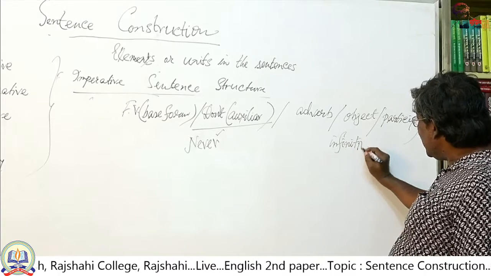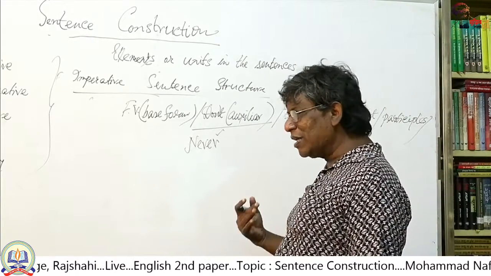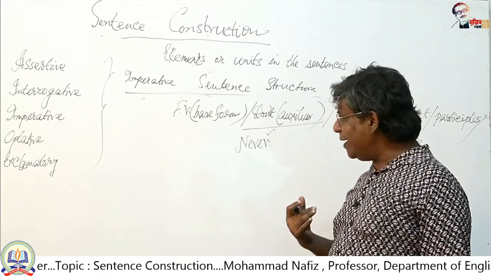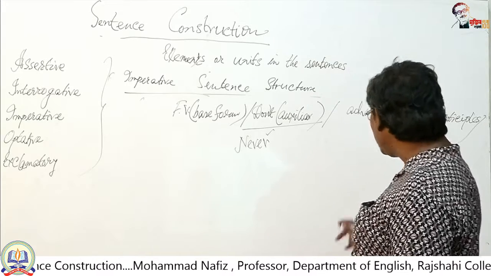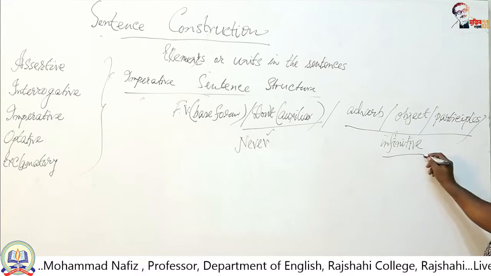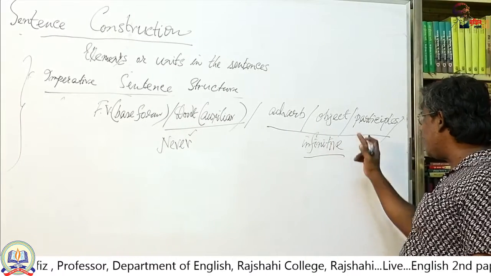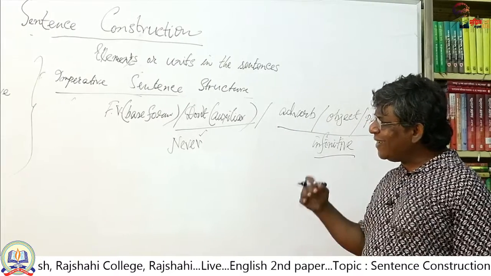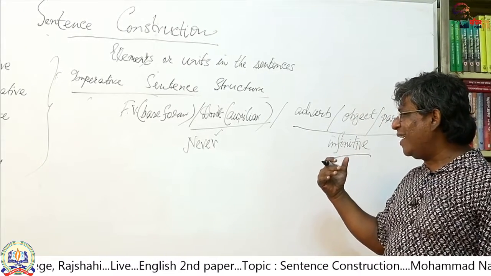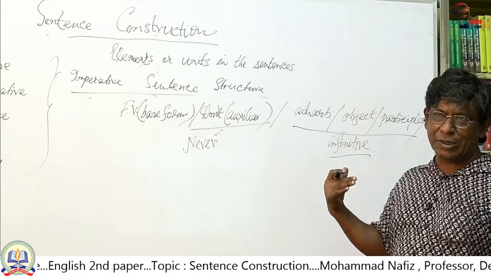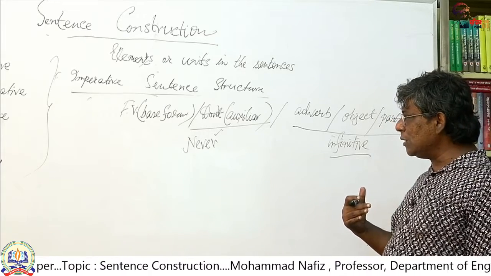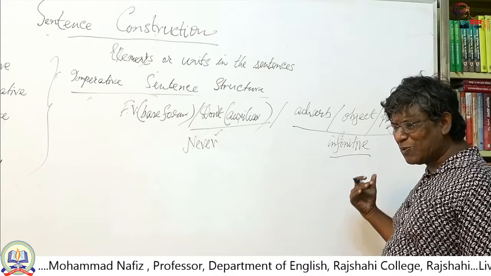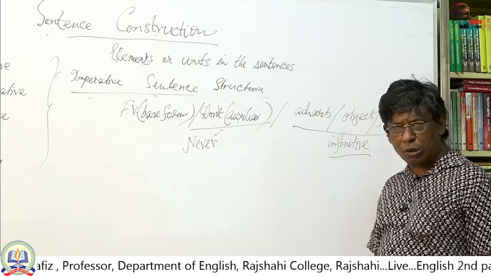Carefully look that in both interrogative and assertive sentences, I showed you the use of complements, but in the imperative sentence, I have presented four types of extensions: adverbs, objects, participles or infinitives, because the subject in the imperative sentence is always implicit, there is no question of such sentences having any complement at all.